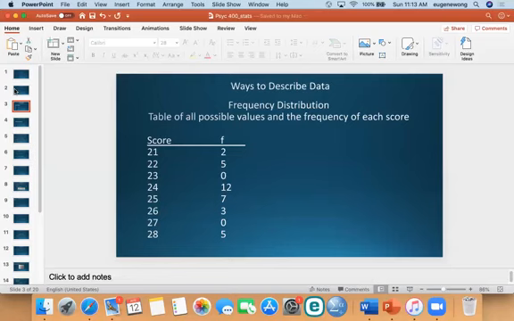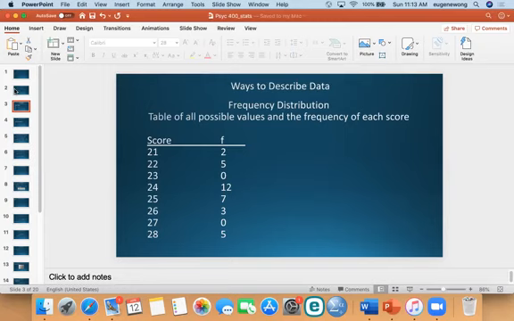As you can tell, using this table, it is much easier now to figure out what the lowest score was, what the highest score was, which score had the most occurrences, and which scores were not even in the set of scores. If I were to ask you those questions and you were to use this table, you could easily find answers to them.